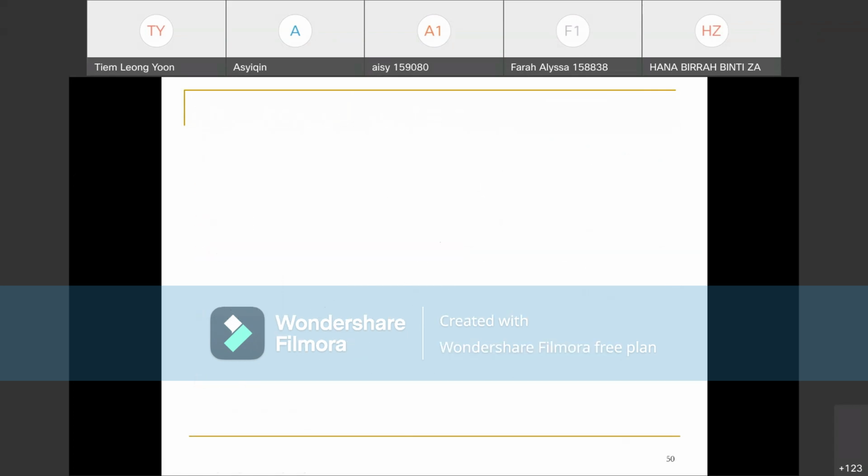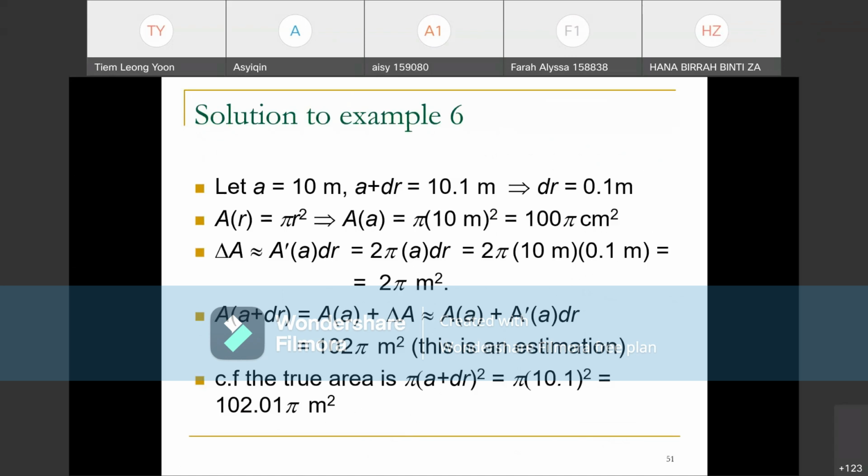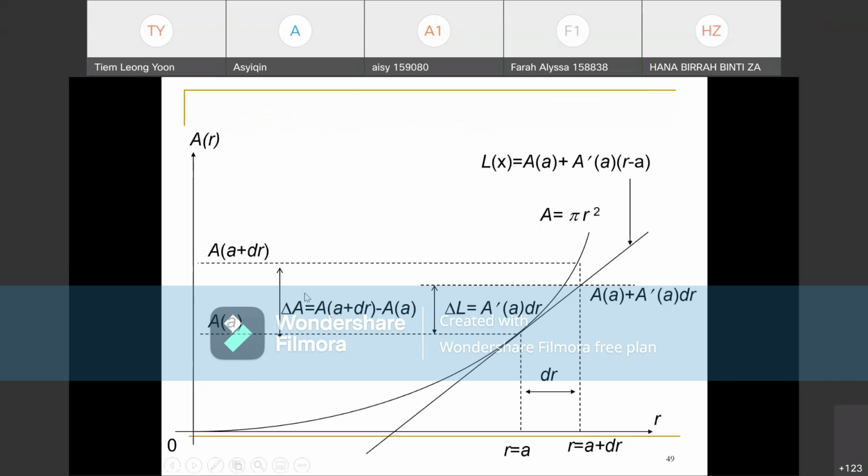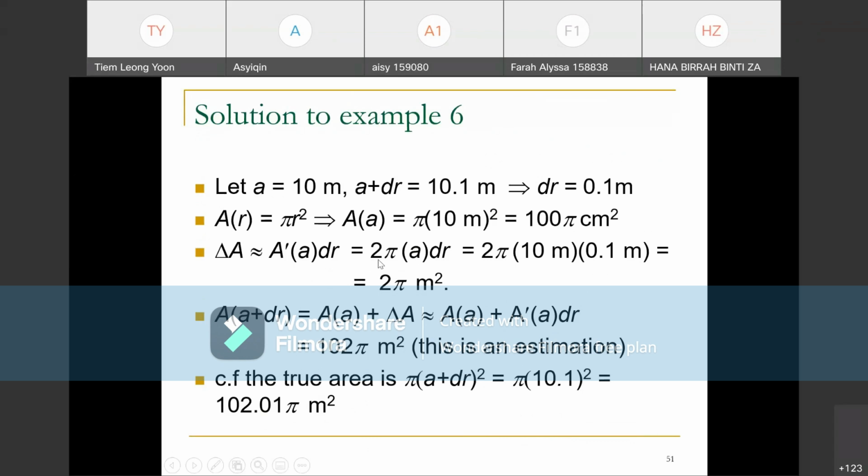So this is an example of the solutions. You calculate delta A using the exact value. Then you can also calculate the differential as an approximation to the difference in A when R changes by 0.1. Then this is just the answer.